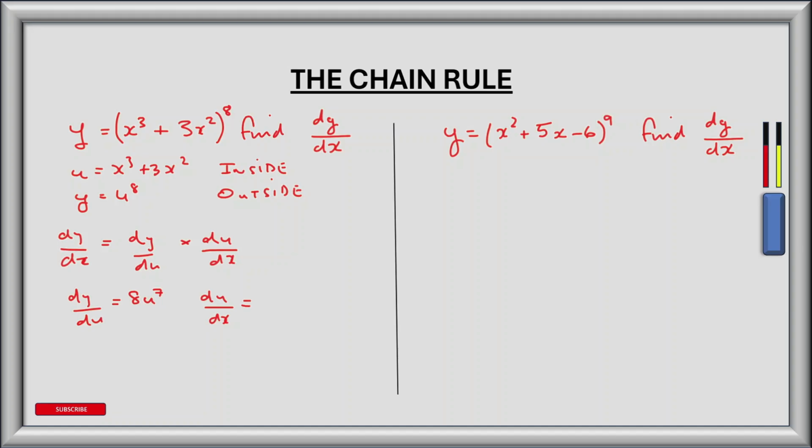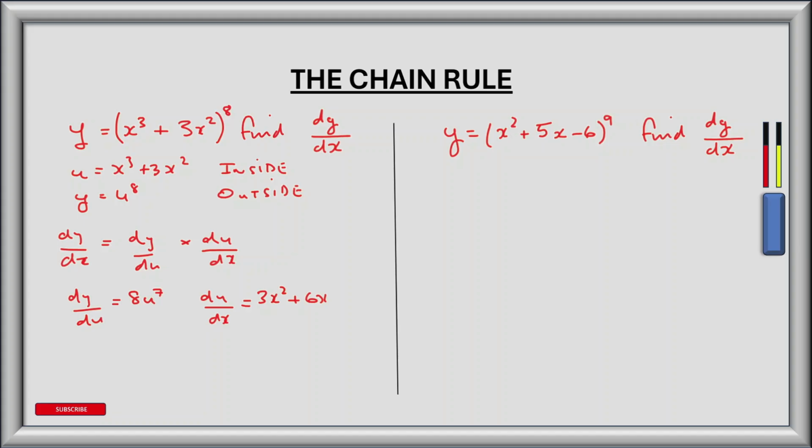So x cubed, when differentiated, is 3x squared plus, and differentiating 3x squared, it's the power of 2 multiplied by 3, so that gives 6x, and then the power decremented by 1, so it's 6x.